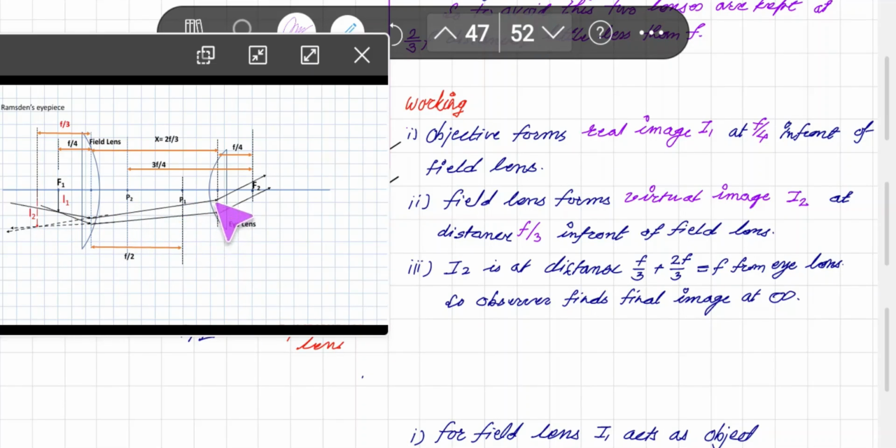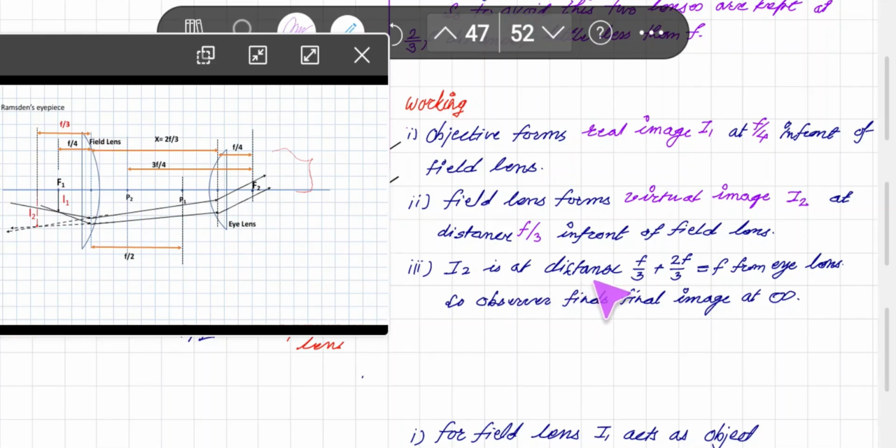After refraction these rays go parallel, and here it is an observer, so if the rays are parallel, that means the image will be formed at infinity. We already saw that in order to get parallel rays, the object must be at a distance of the focal length. So from here to here this distance must be equal to f.